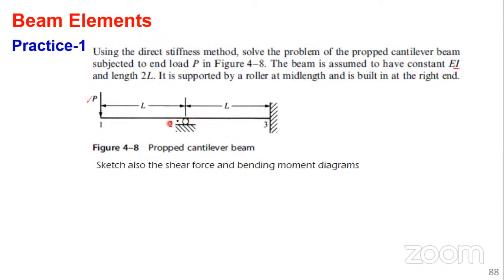Of course, even looking at it, the nodes have already been indicated 1, 2, 3. So you have element 1, you have element 2. It's supported. This is fixed, so it means no rotation here. So by now you can even anticipate your rotation to be something like this.